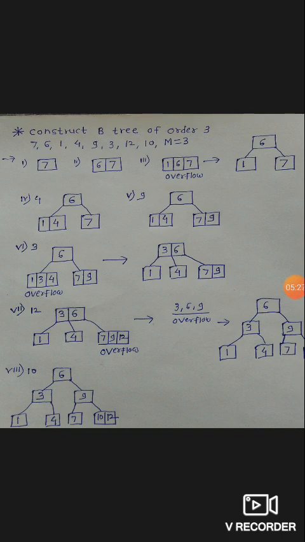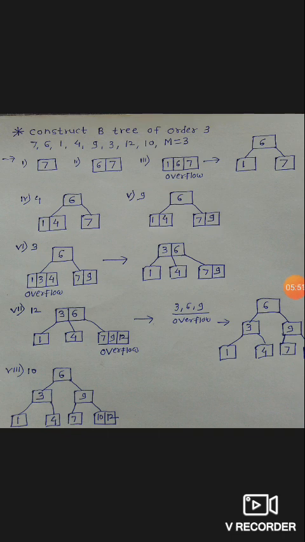Next is 12. Again 12 is greater than 6, so it is added at the right hand side of 6. As it is added there, it becomes 7, 9, 12.